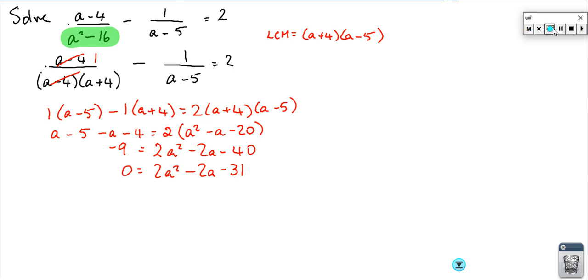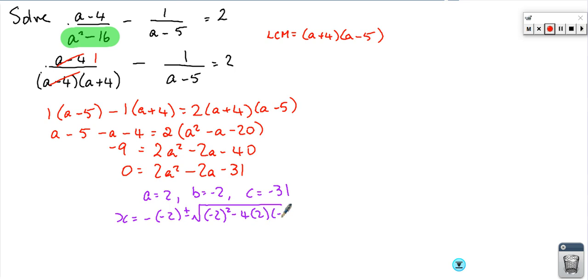So we're going to solve that equation using the formula. Okay, so I have a is 2, b is minus 2, and c is negative 31. So I have x equals minus b plus or minus square root of b squared minus 4ac all over 2a. Okay, I'm going to continue on this side of the board.